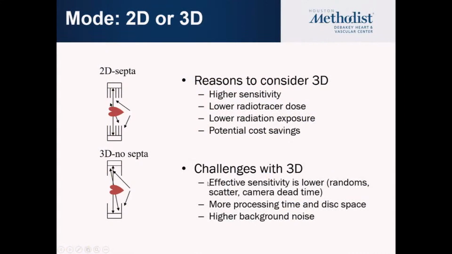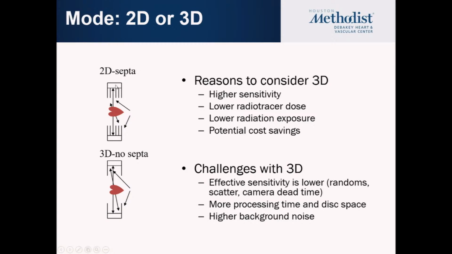So the first thing about the 2D versus 3D. Okay, this slide, if we can project it, yes. So 2D PET versus 3D PET is primarily related to the issue of the septae.